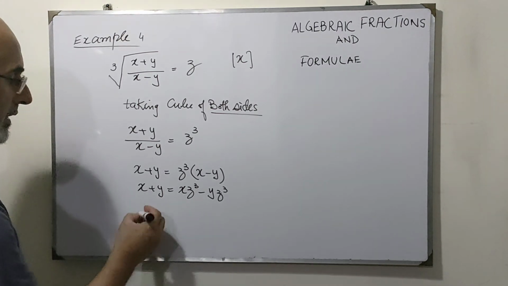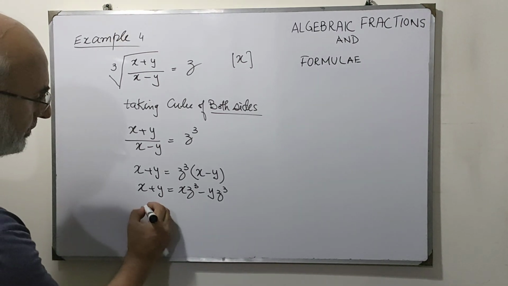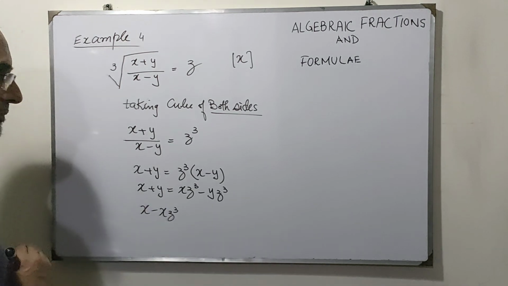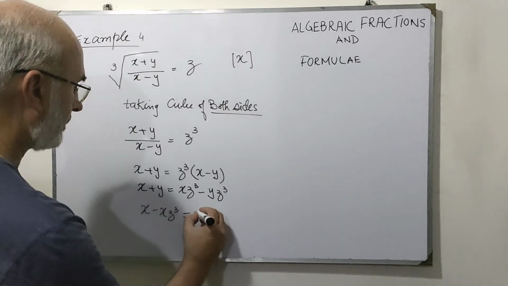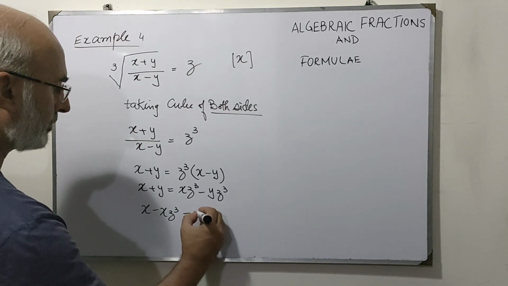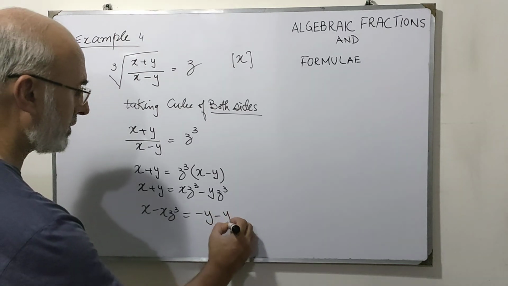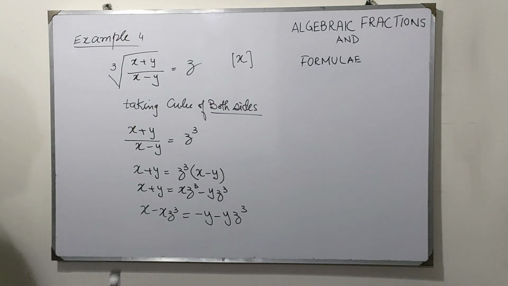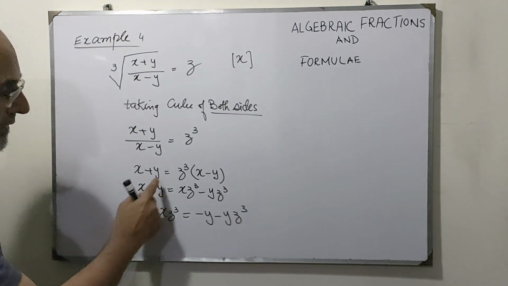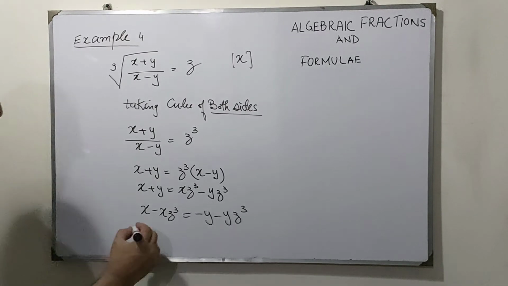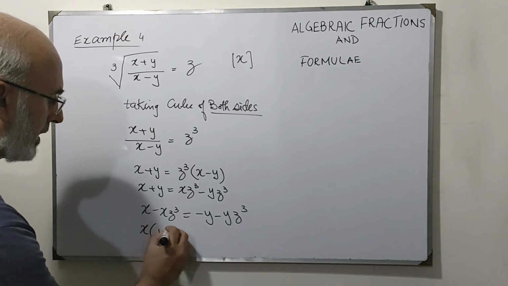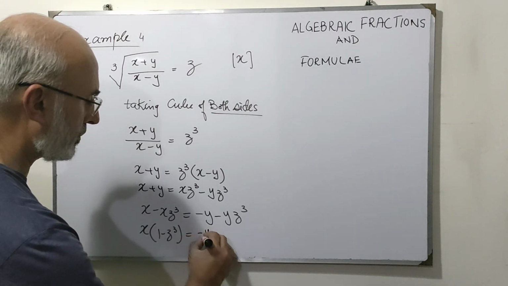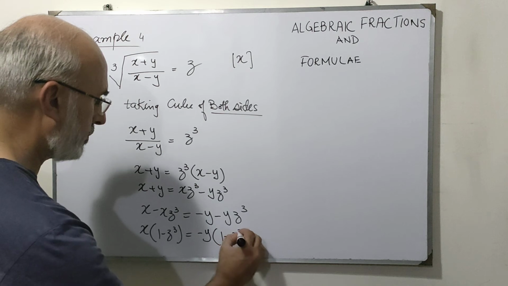I'm going to bring it here, x minus x z cube is equal to minus y minus, okay, right? So I brought this term over here and this gone to the other side. So let's take common, x into 1 minus z cube is equal to minus y is common, 1 minus z cube.